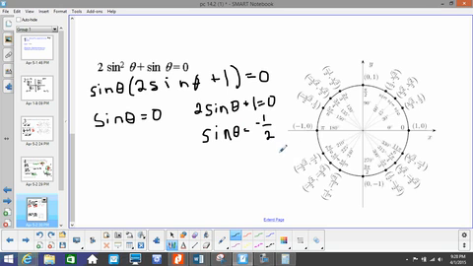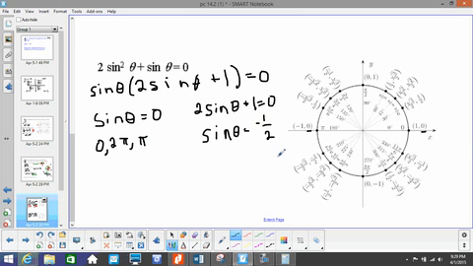Now both of these are sines, so I need to find out where my y-coordinate is 0. Happens right there and right there. So at 0, 0 is the same thing as 2 pi. And at pi, this one actually has 3 answers right there.